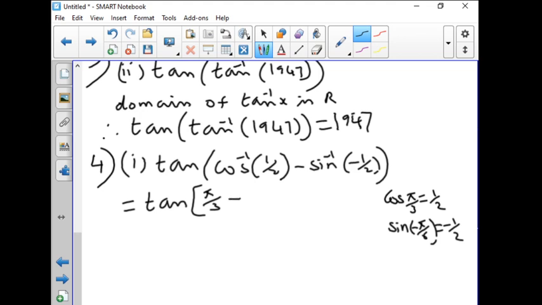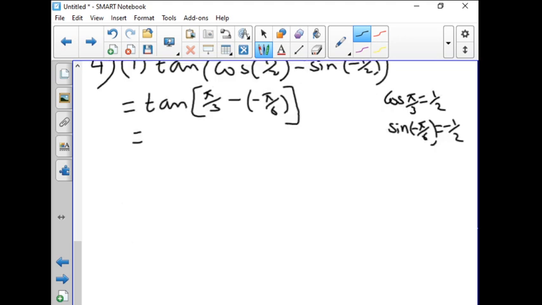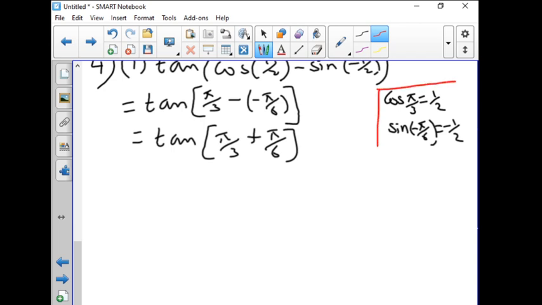And sine inverse of minus 1 by 2 is minus pi by 6. So what do you get? It is equal to tan of pi by 3 plus pi by 6.